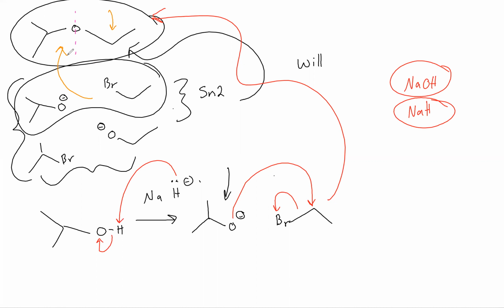Okay. So that overall is the Williamson ether synthesis. But we can use a couple different strategies in order to do this to create more ethers. The Williamson ether synthesis, I like it because it just shows you a little bit of everything.